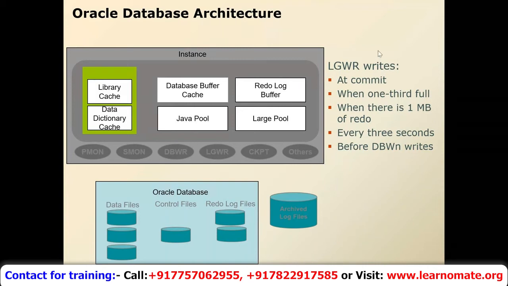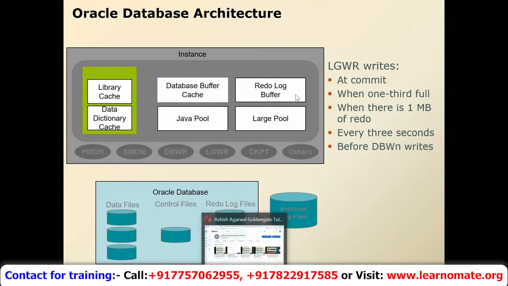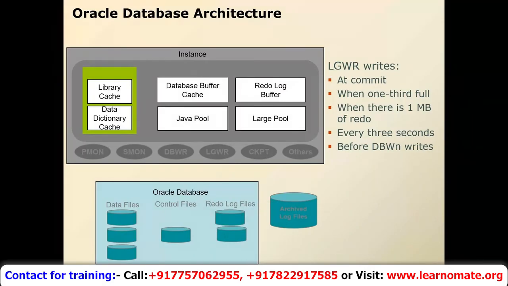Now the log writer writes the data to redo log files under these conditions: whenever there is a commit. So as soon as commit is fired or executed on the source database, it gets written to the redo log file with the help of the log writer process. So at commit, data gets written from the redo log buffer to the redo log file.